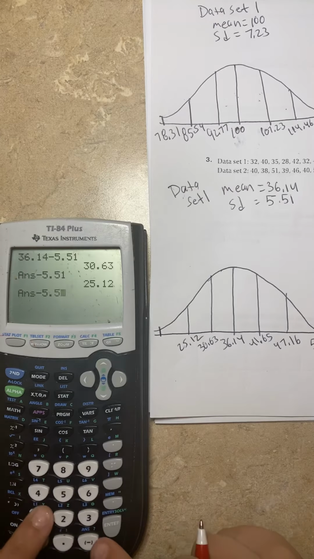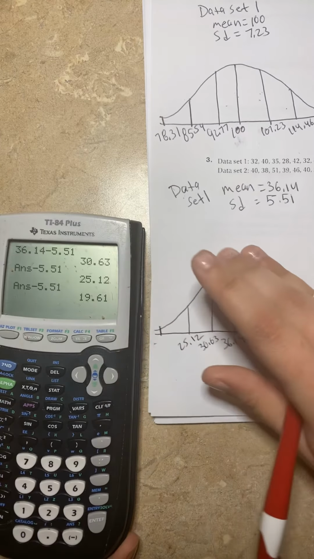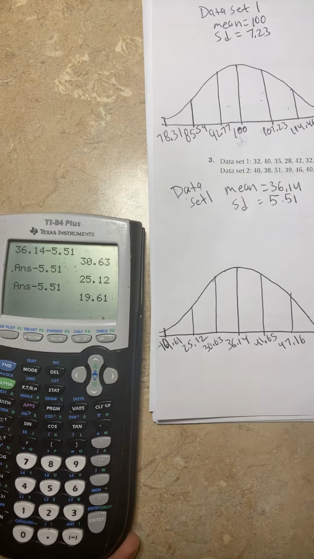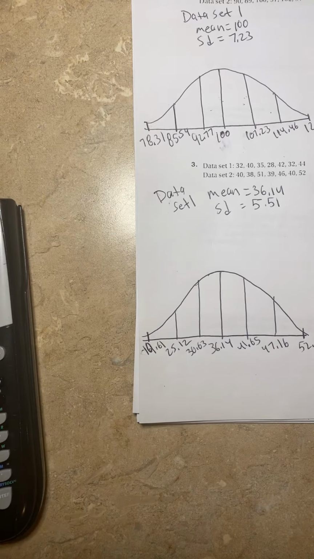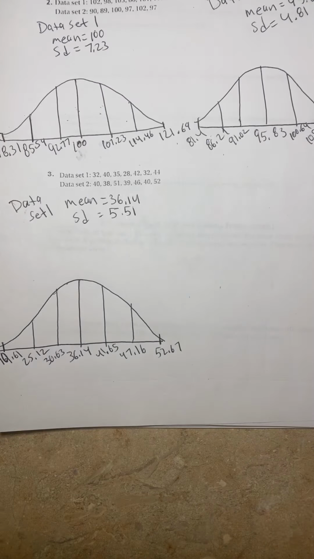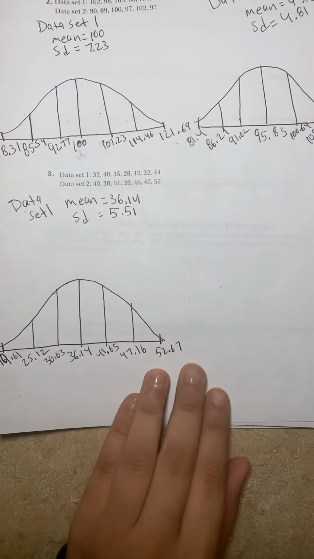Minus 5.51 gives me 19.61. All right. So that's our normal distribution curve written there. We got one more example where we're drawing it out.